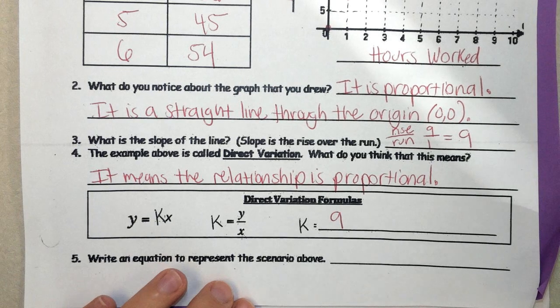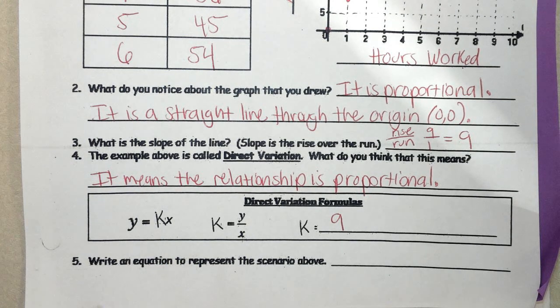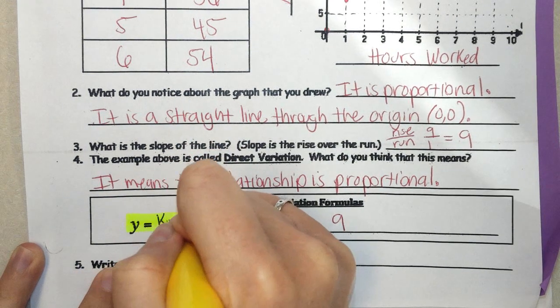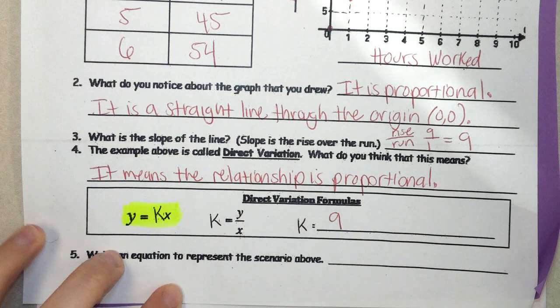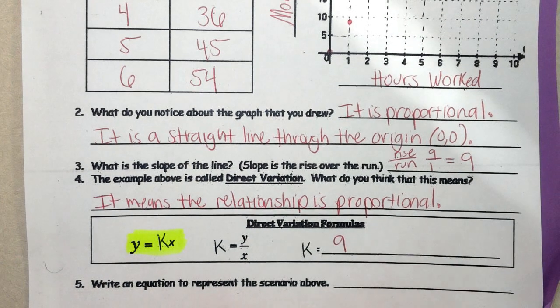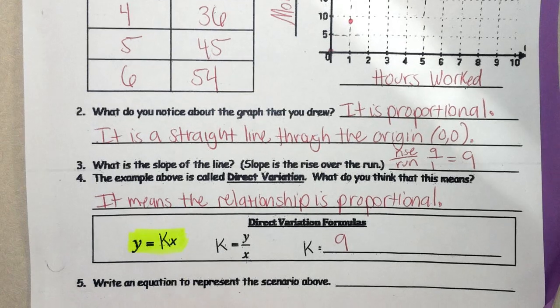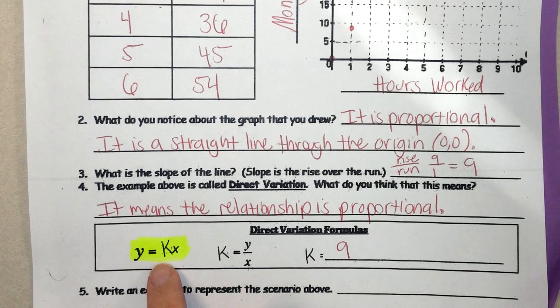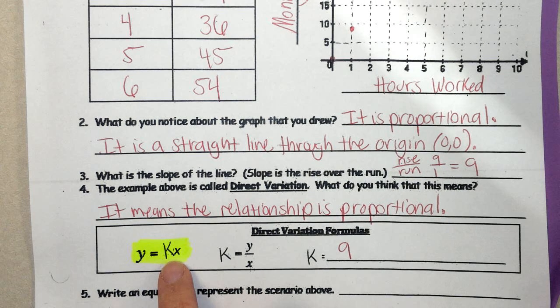All right. And when we have a direct variation, it's always going to be written in the format for the equation, y equals kx. That's important to understand today because a lot of times once we know it's a direct variation, they want you to write an equation for it. Okay? So our equation is y equals kx.